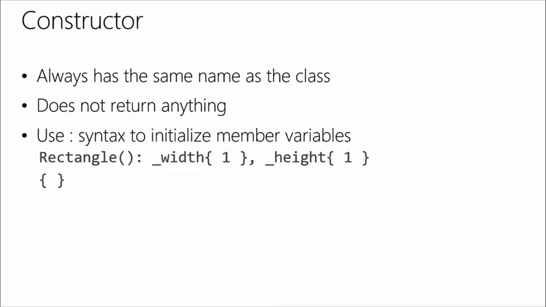It doesn't return anything, but it's called automatically whenever you declare a local variable of a class type, and you can use it to initialize the members. For example, this is what a constructor would look like for our rectangle class. This would be a default constructor that initializes the width and the height to 1. We'll see how this works in the next section.